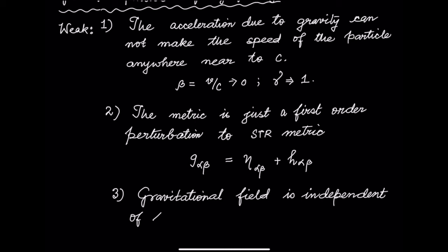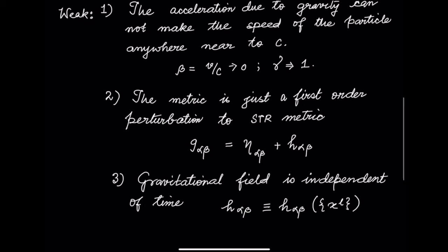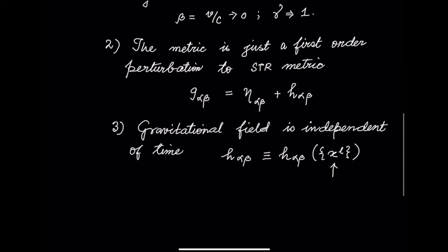Well, if you go to another reference frame, it can become a function of time, though it is not a function of time in one reference frame. But because we are saying that beta tends to 0, this is a fairly good assumption to say that h alpha beta is not a function of the time coordinate. So these are a function of only the spatial coordinates, which I write as x l. So this, let me remind you, means all the spatial coordinates.